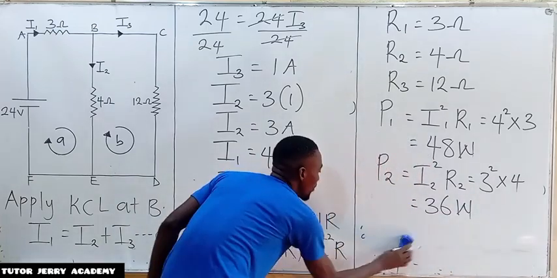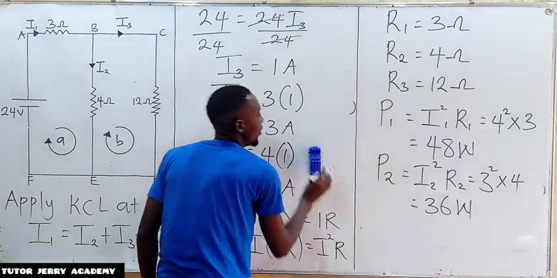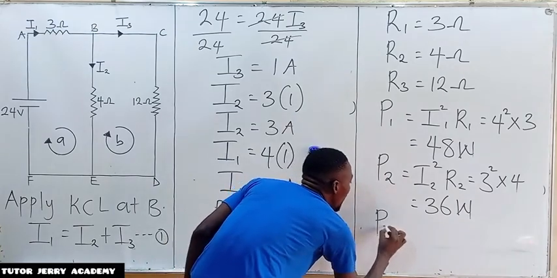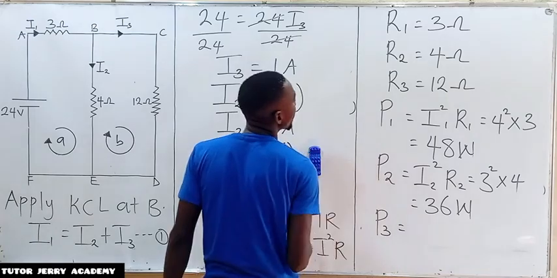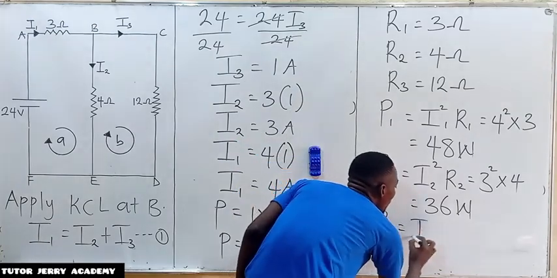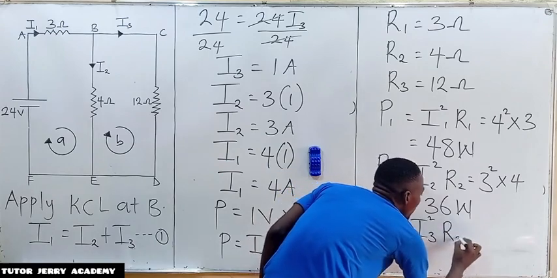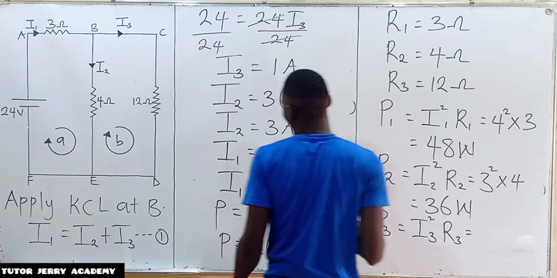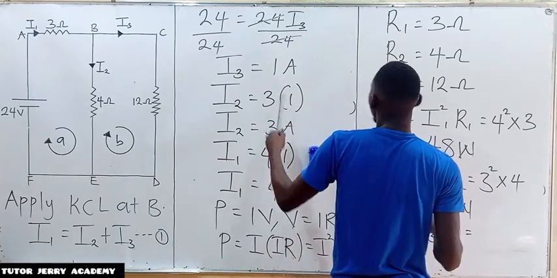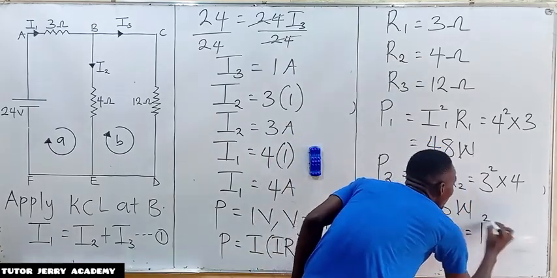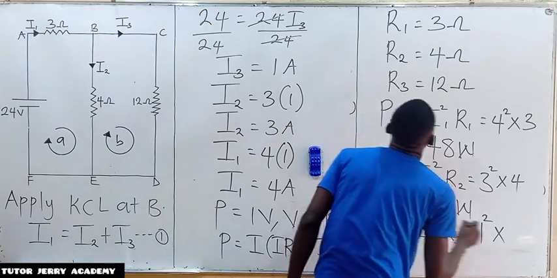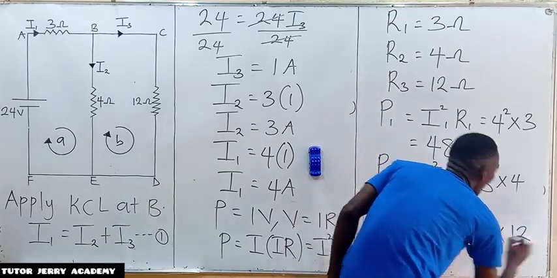All right. So the last but not the least, P3 will be equals to I3 squared R3. I3 is equals to 1. So 1 squared multiplied by R3, which is 12.